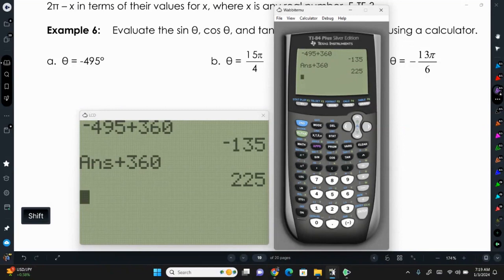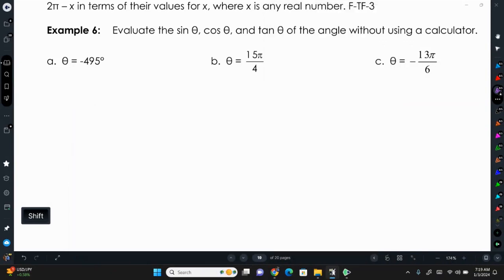225 also has a reference angle of 45 degrees, which means we know what the sine, cosine, and tangent values are going to be, but now we have to make sure we are in the correct quadrant. Well, 225 degrees is in quadrant number 3, and our reference angle is 45 degrees.